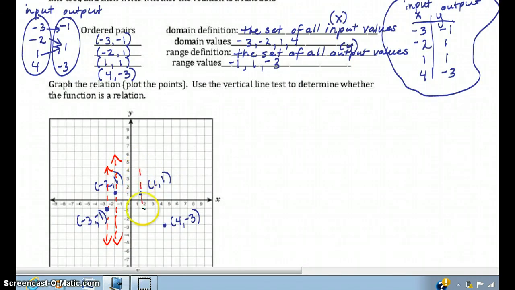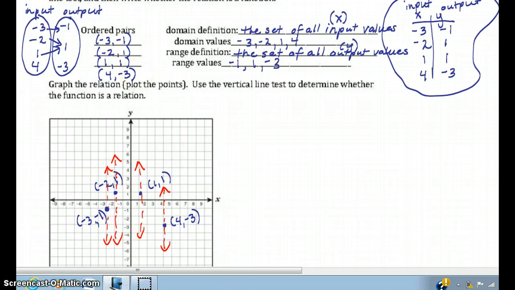We go to 1, 1. There's only 1 point on that vertical line. So again, it's passing the vertical line test. And then the last one, the vertical line goes through 4, -3, and 4, -3 is the only point on that vertical line. So these ordered pairs, -3, -1, -2, 1, 1, 1, 4, -3, are a function.